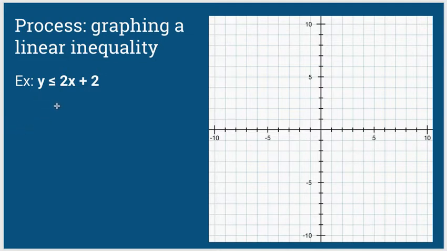So first, I'm going to think about this as though it were a linear equation. So I'm going to imagine that I actually just have y equals 2x plus 2. And I'm going to start to graph this as though this were just a regular line, just like we've been doing.